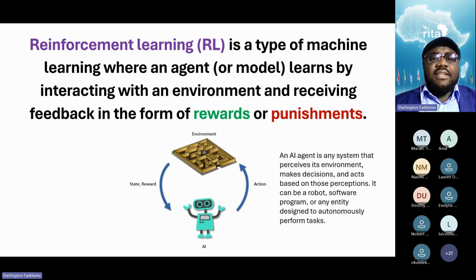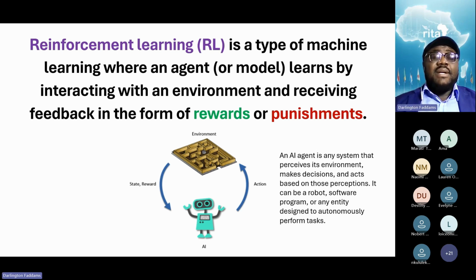In this type of machine learning, we refer to the model as an agent, mostly. An AI agent is any entity or system that perceives an environment and is able to make decisions and act based on those perceptions. It can be a robot, a software program, or any entity designed to autonomously perform a task.